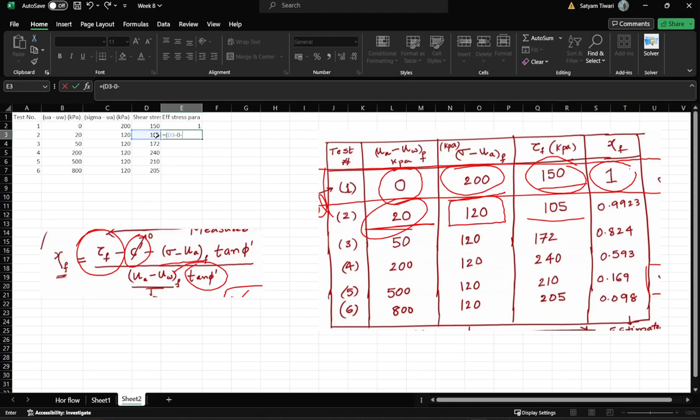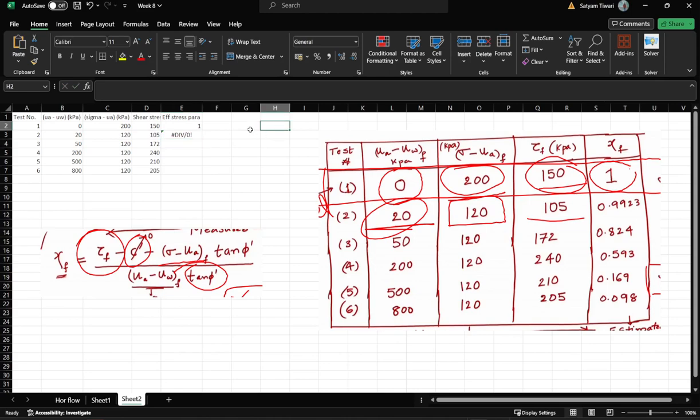So let's write 0 minus (sigma minus ua), and sigma minus ua is going to be this value. It will be multiplied by tan of phi dash. Let's say we determine phi dash and we'll write it here. We'll lock this value and then close the numerator. In the denominator, we'll write the value of ua minus uw, which will be 20, multiplied again by tan of phi dash. Lock this value and close.